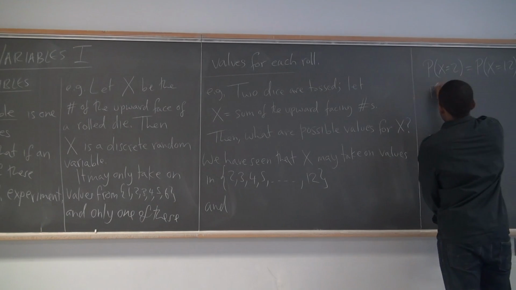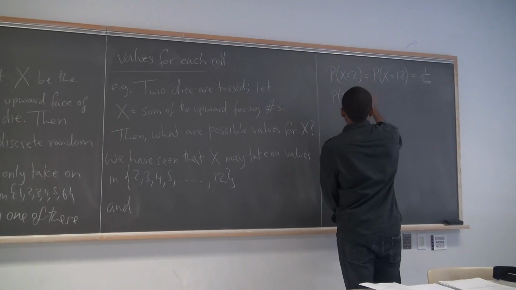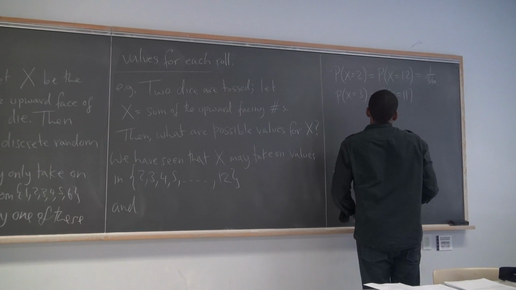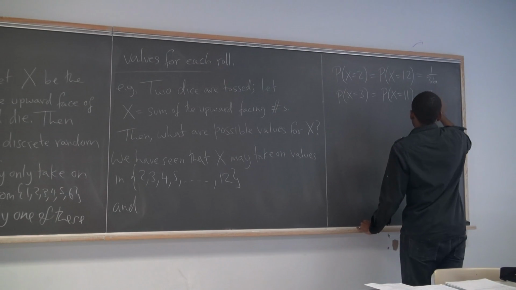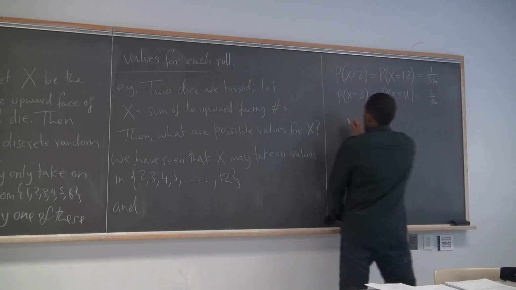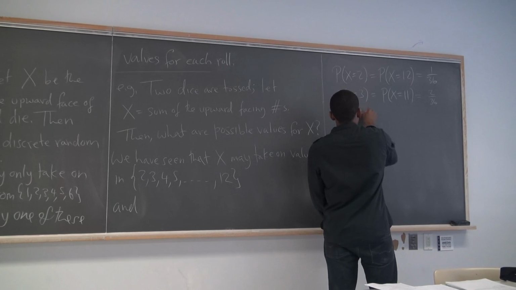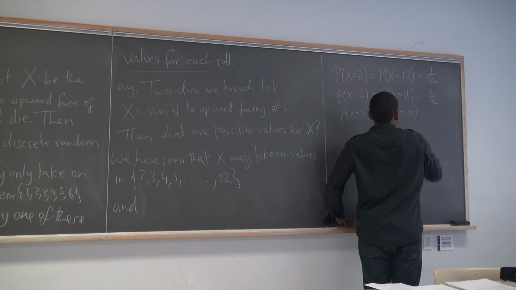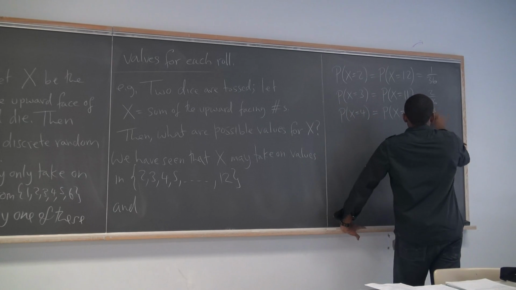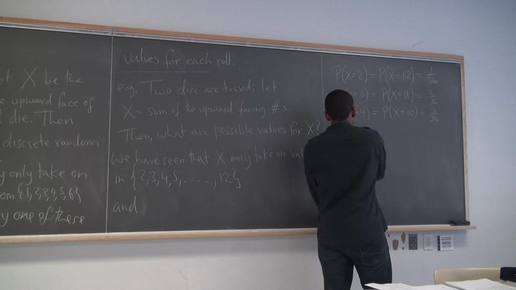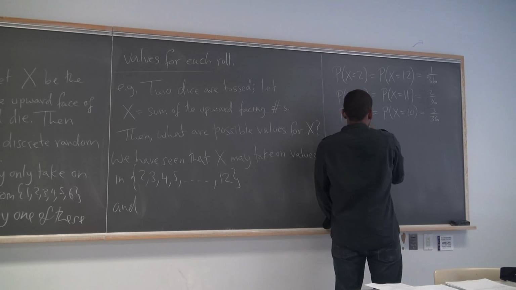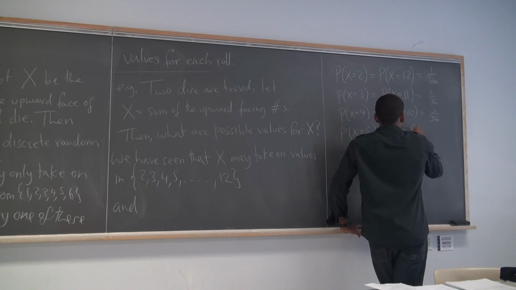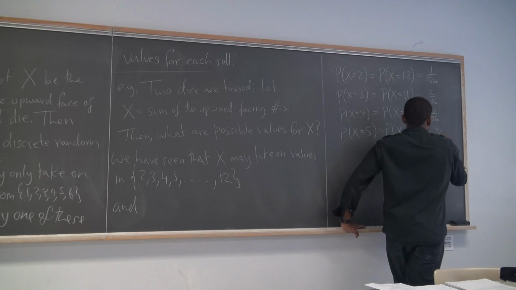The probability of x equals 3 was equal to the probability that x equals 11, which is 2 out of 36. The probability that your sum is a 4 was the same as the probability that the sum was a 10. It's 3 out of 36. The probability that your sum is a 5 is equal to the probability that the sum was a 9, which is 4 out of 36.